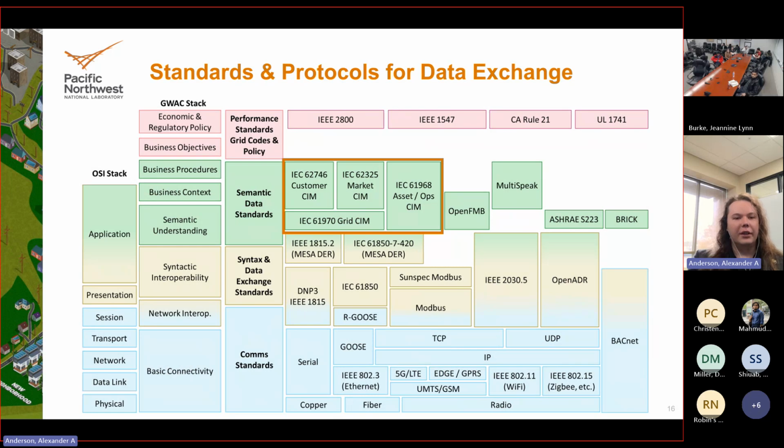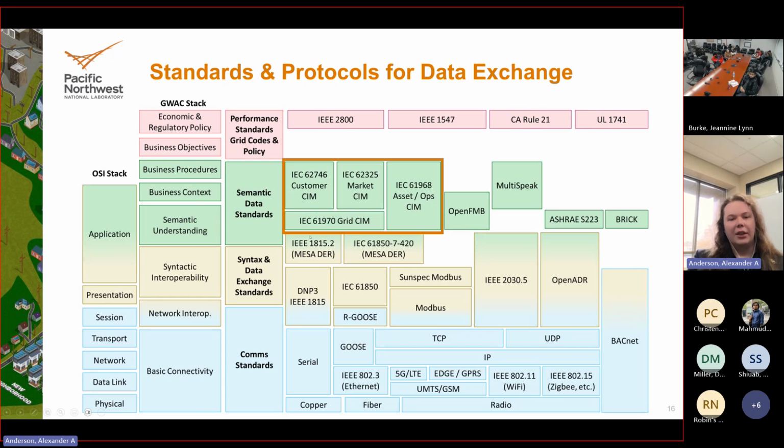And so here on the left, we have the traditional OSI stack for TCP/IP type information exchange, and the GWAC stack for representation of utility business functions. And SIM lives up here, the semantic understanding and the business context and procedures at the application layer.